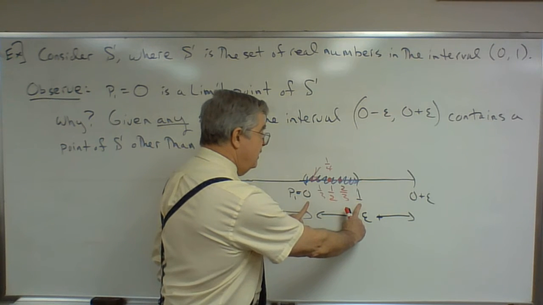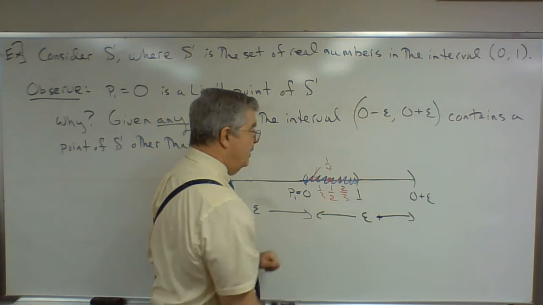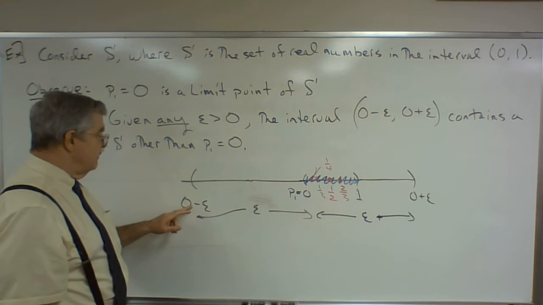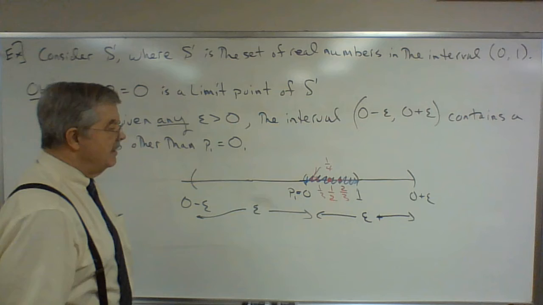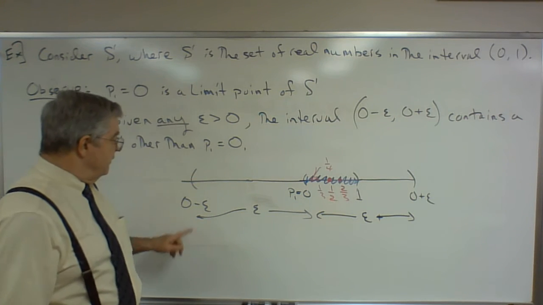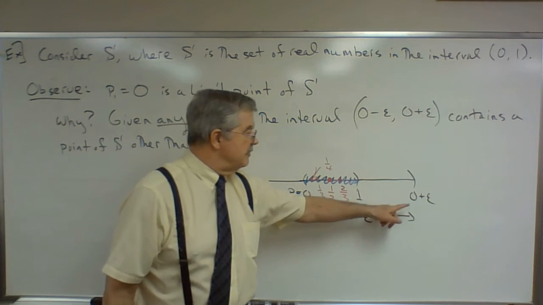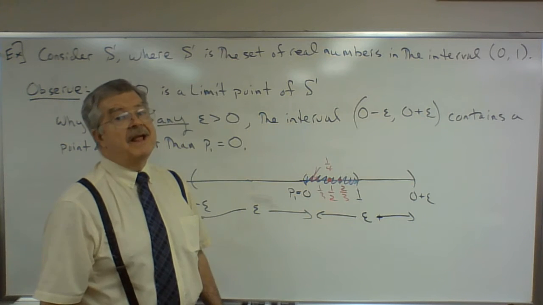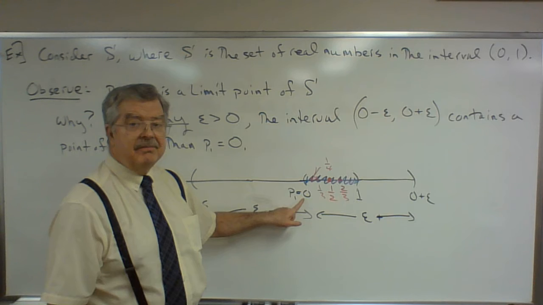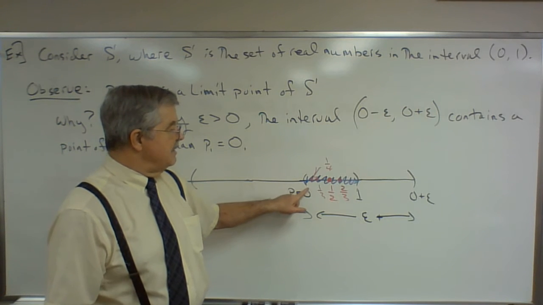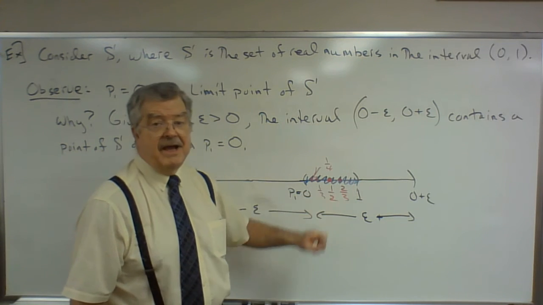All of these real numbers in the interval from 0 to 1 are contained in the interval from 0 minus epsilon to 0 plus epsilon. So, does the interval contain an element of S other than P1 itself? Sure does. It contains all the elements of S.